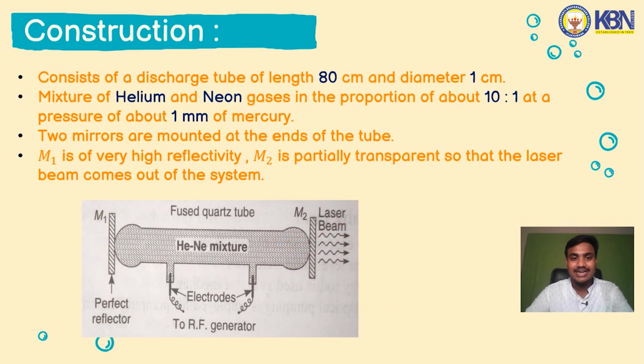Coming to the construction of the helium neon laser, you can see in this diagram, it consists of a discharge tube with a length of about 80 centimeters and a diameter of 1 centimeter.